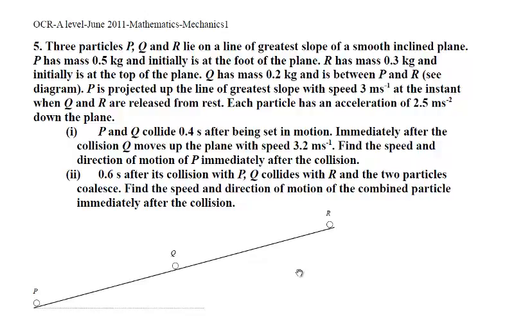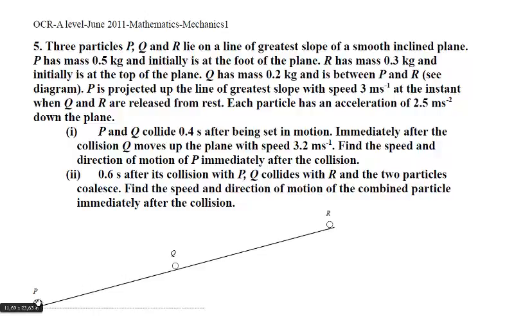P and Q collide 0.4 seconds after being set in motion. Immediately after the collision, Q moves up the plane with speed 3.2 meters per second. Find the speed and direction of motion of P immediately after the collision.